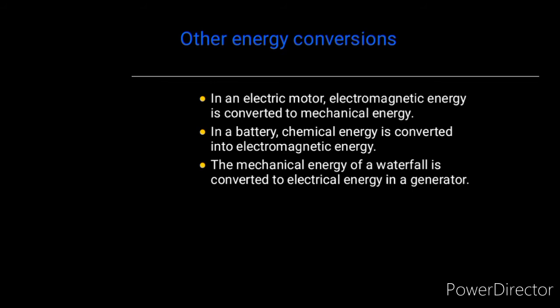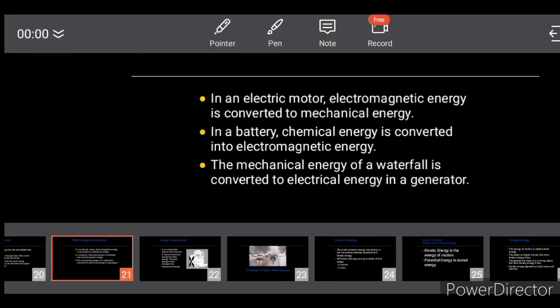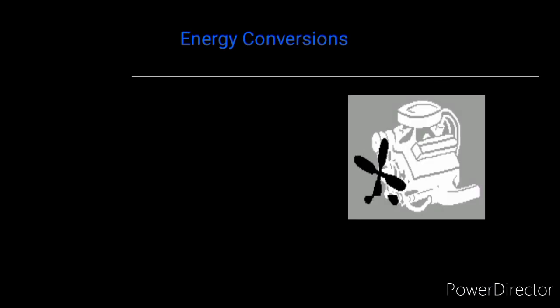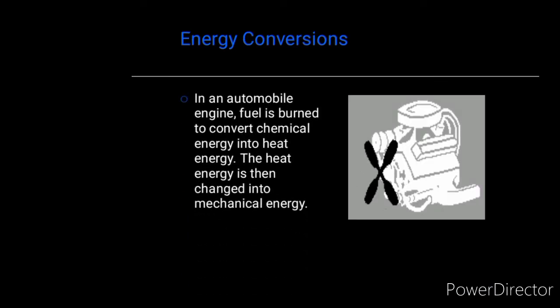In a battery, chemical energy is converted into electrical energy. The mechanical energy of water is also converted into what? Electrical energy, is it not? Yes, which we also call hydro energy. You can see an example there, okay?